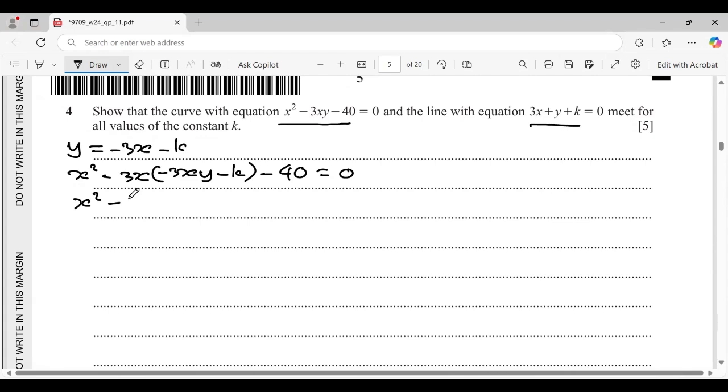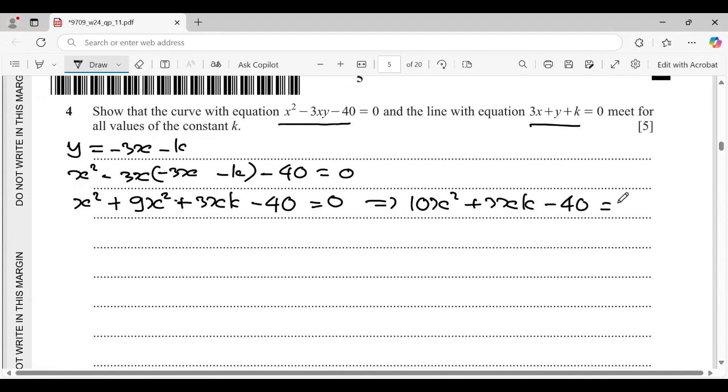It's going to be 10x squared and then plus 3xk minus 4t equals 0.